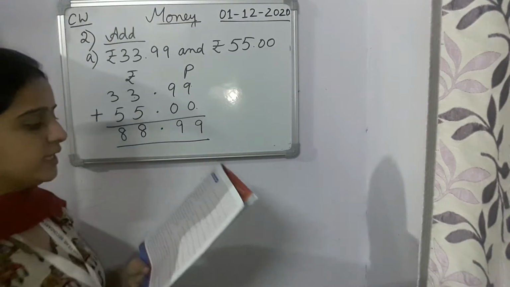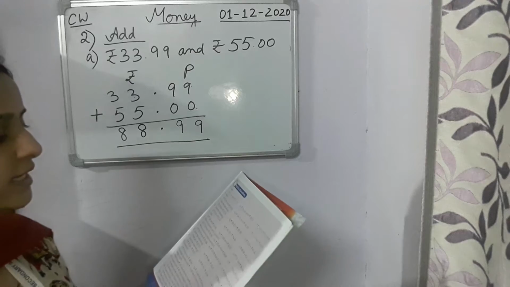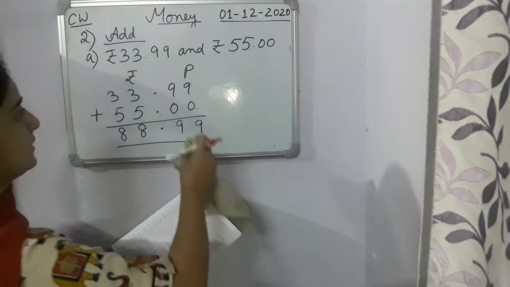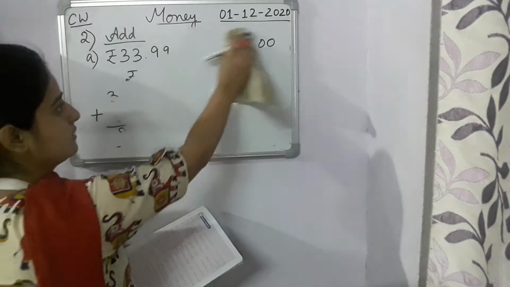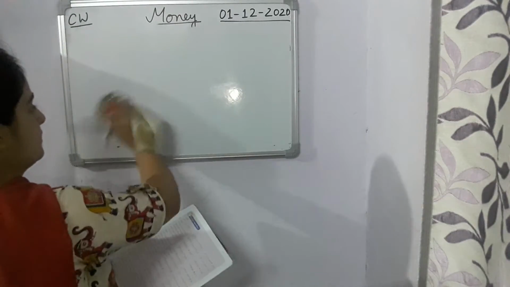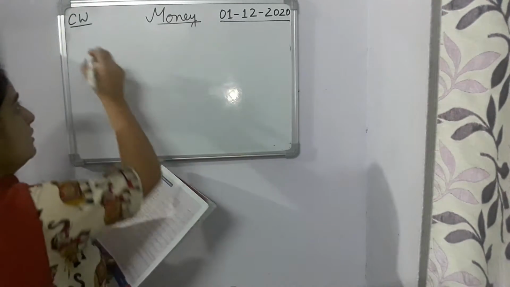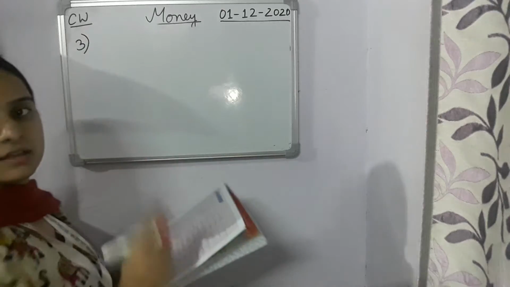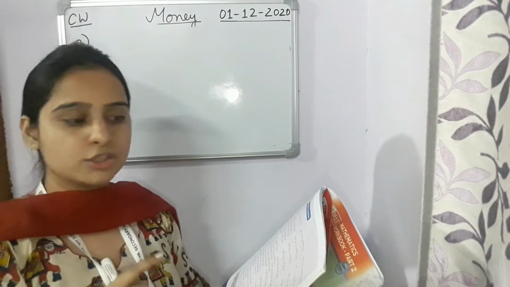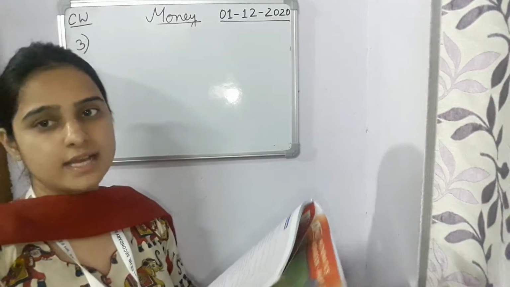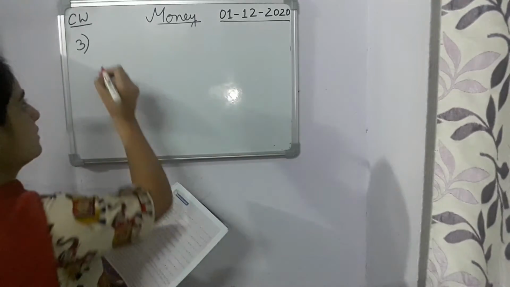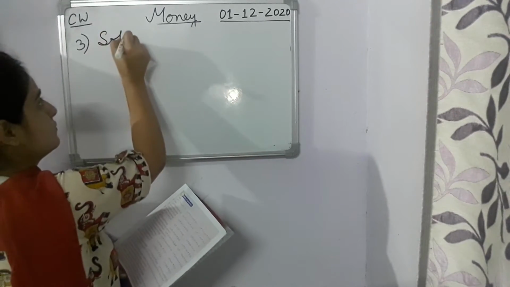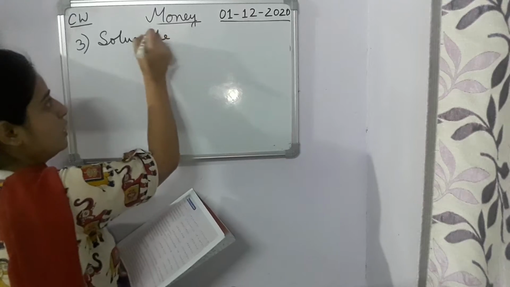Again question number 3, children, it is same as 1 and 2 addition. Solve the following. So I'll show the first question and rest 2 you can do it as homework.